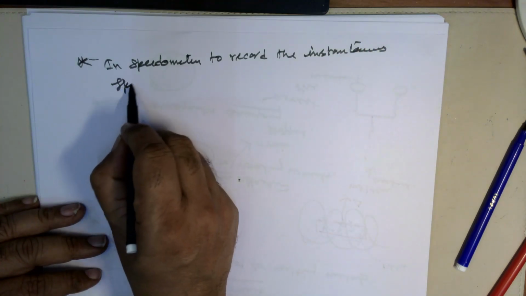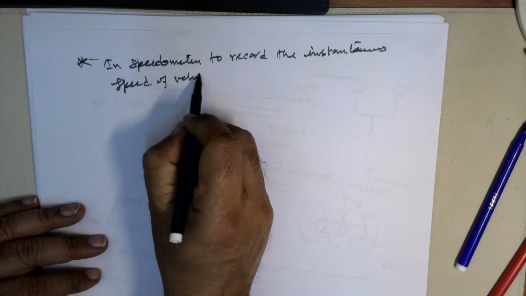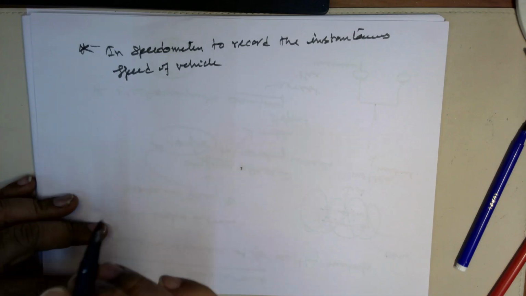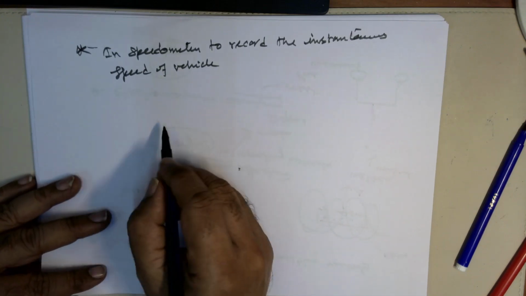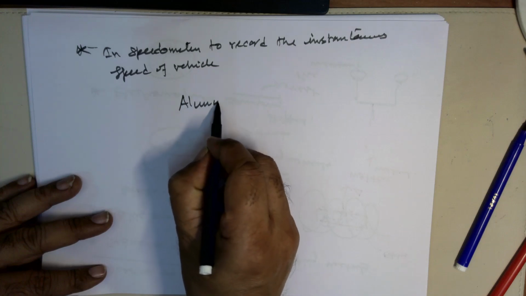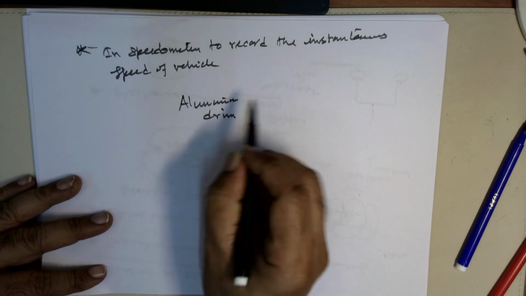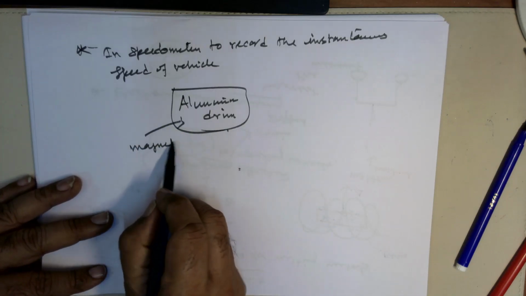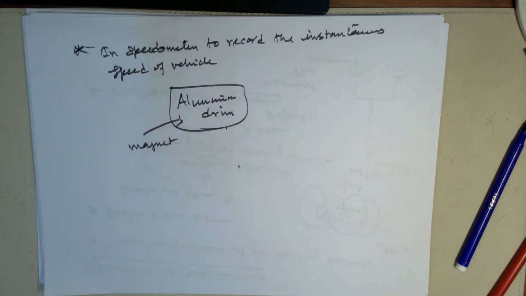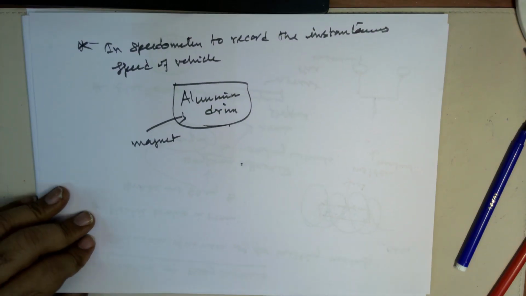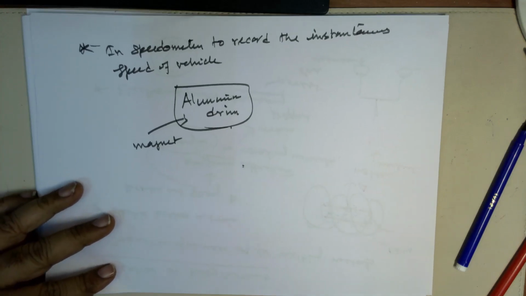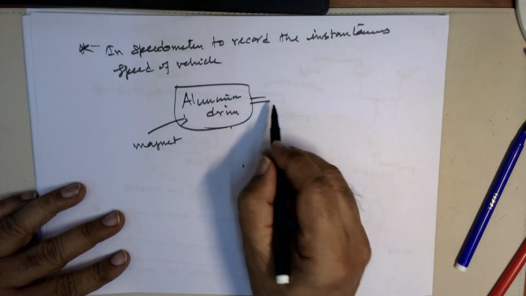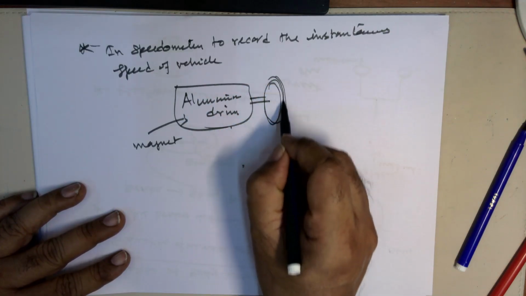A magnet is placed inside the aluminum drum that rotates with the speed of the vehicle. That is, let me say this is the wheel, so it is rotating.